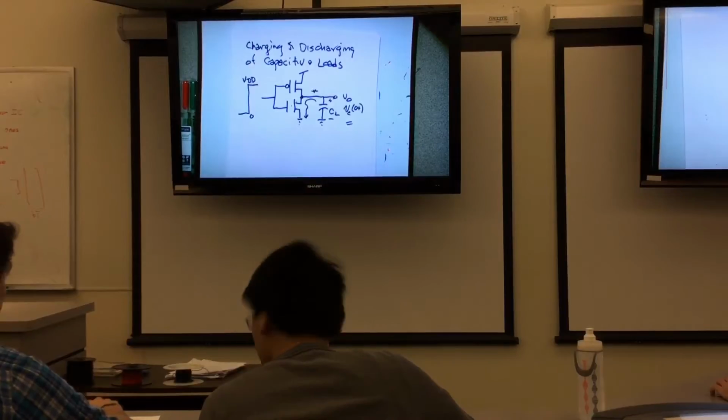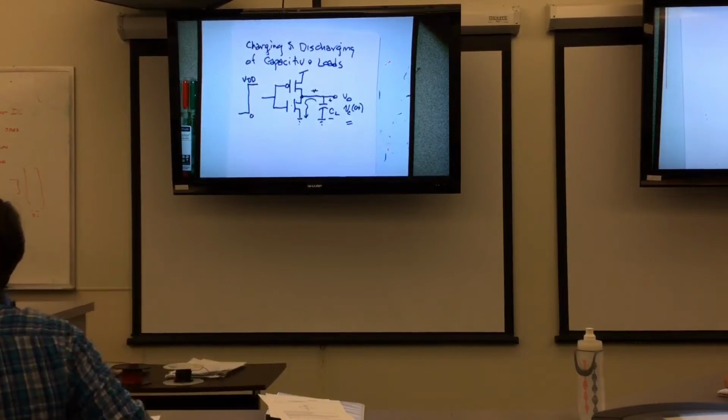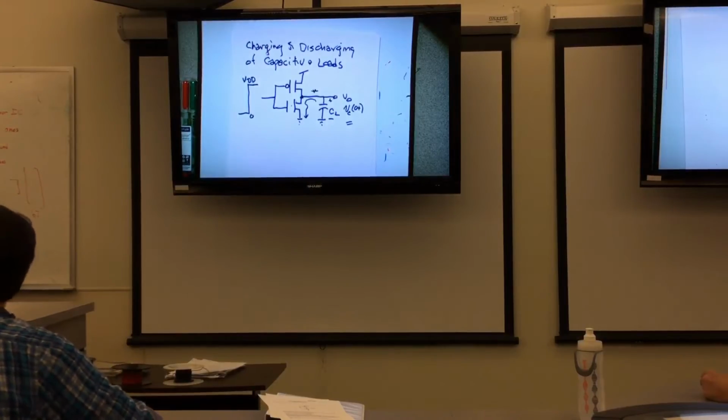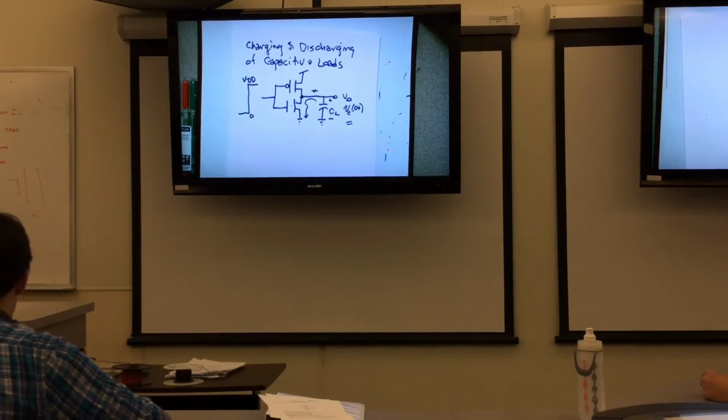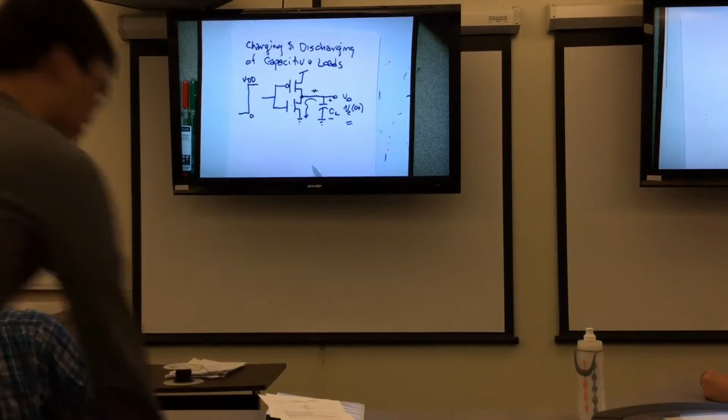We know that we're going to get something like a charging or discharging behavior, and an RC charging and discharging behavior never gets to its destination. It's just exponentially approaching. So it never really gets there.